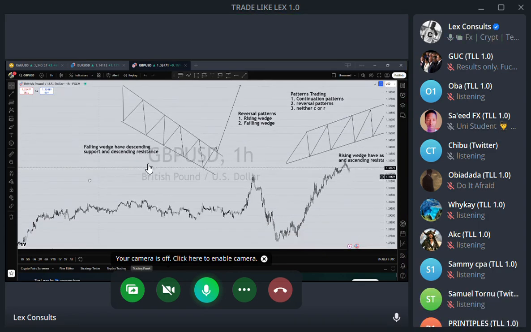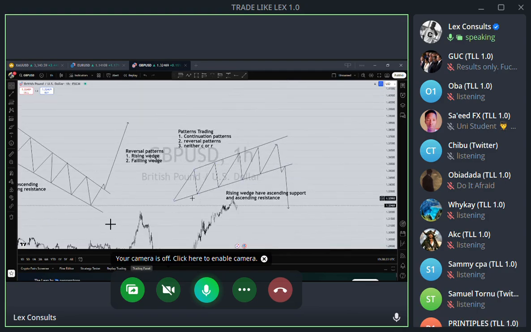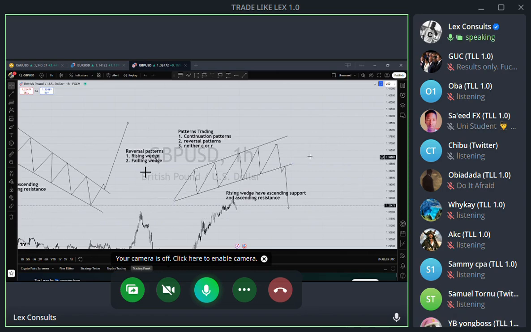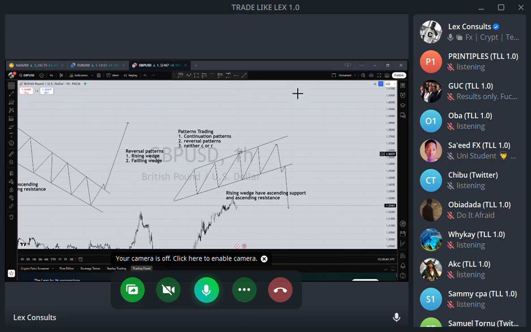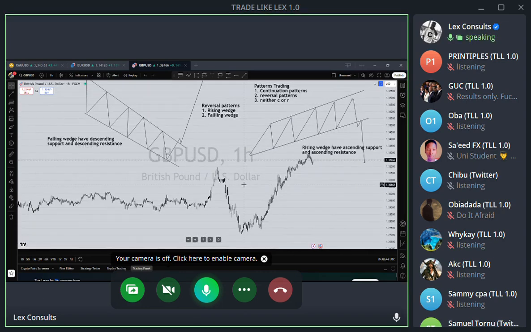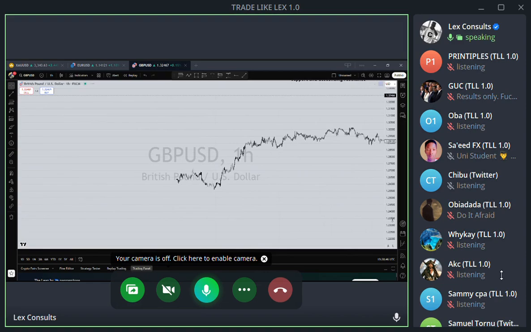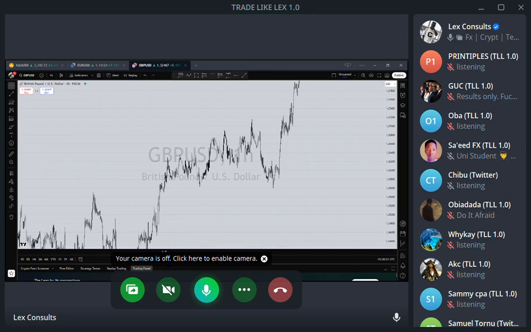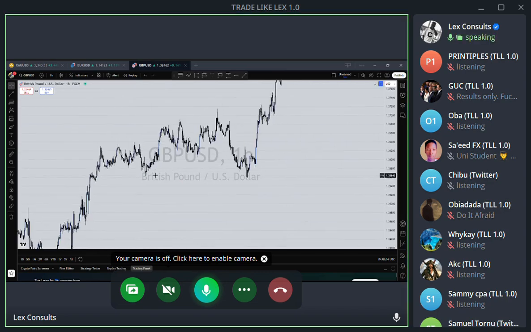And then I said we also have the rising wedge, which has ascending support and ascending resistance. Sorry, it seems kind of distracted. The rising wedge has ascending support and ascending resistance. So for example, if we have something like this, it is a rising wedge.